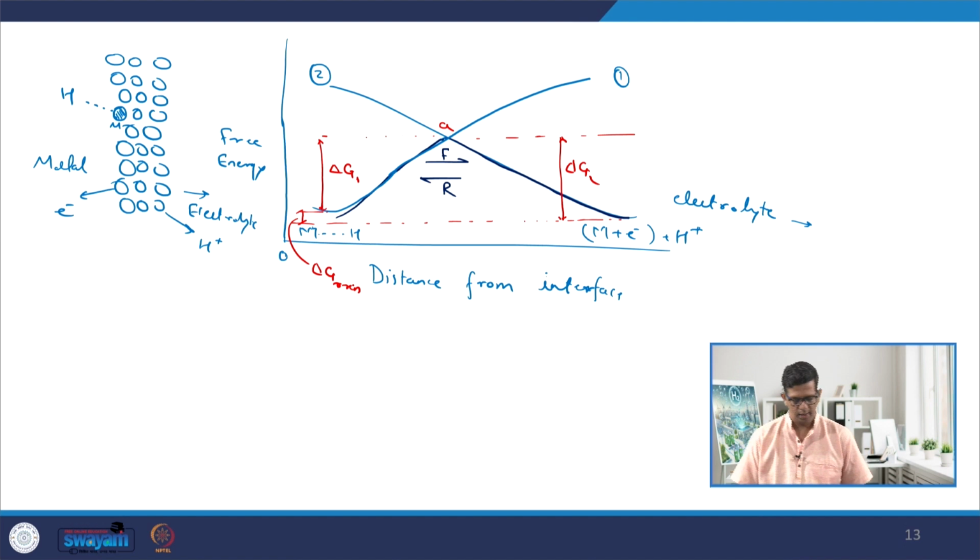Let me write it here, delta G reaction. So, this is my curve 1.